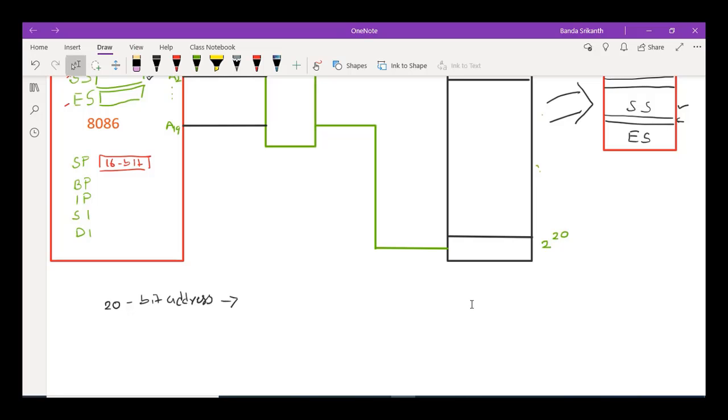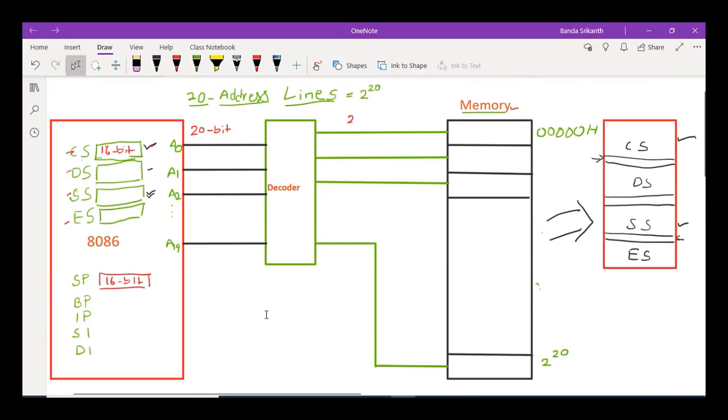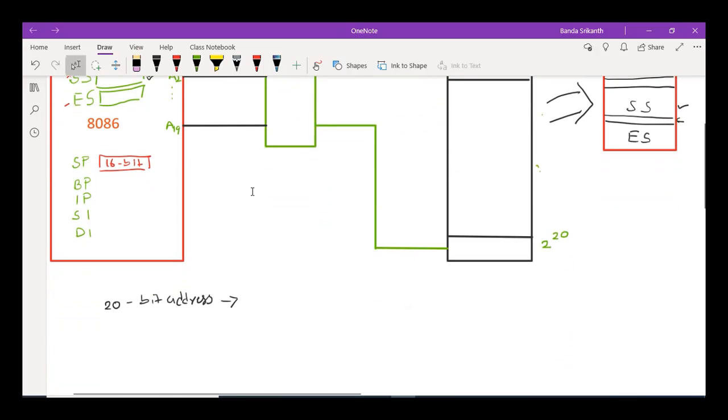But unfortunately 8086 has only 16-bit registers. So the question comes, how can the CPU generate a 20-bit address by using 16-bit registers? It is only possible to generate a 20-bit address by using 2 16-bit registers.